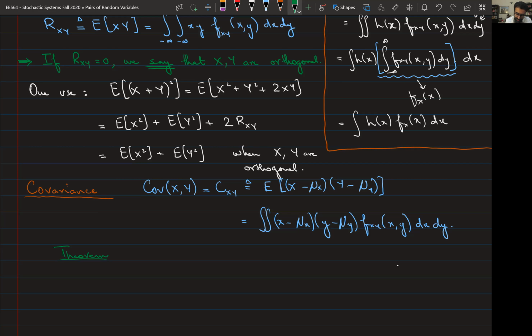Okay? So let me quickly give a theorem here, which gives you a definite relationship between the covariance and the correlation. And that is: the covariance of xy is equal to the correlation of xy minus the product of the means.